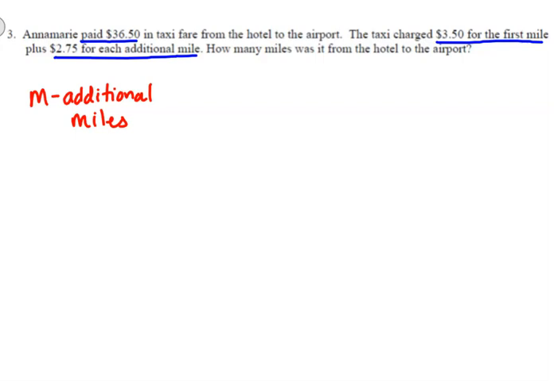But that $3.50 for the first mile, we will have to consider at the end. So for example, she pays $3.50 for the first mile, plus she pays $2.75 for every mile that comes after that. Her total was equal to $36.50.